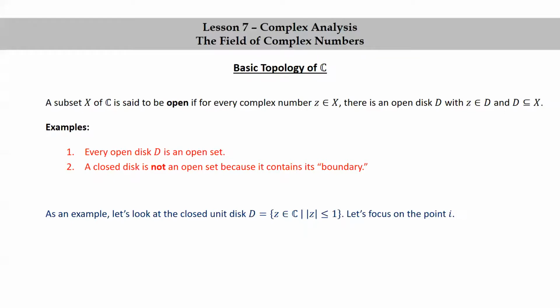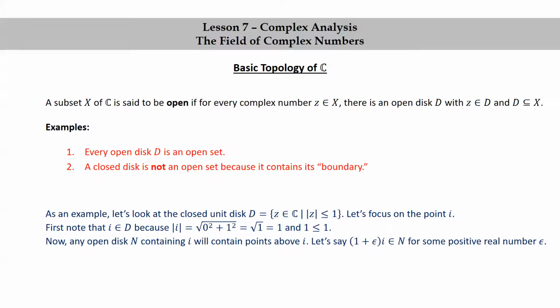Let's focus on the point I. First note that I is in D because the absolute value of I is equal to the square root of 0 squared plus 1 squared, which is the square root of 1 or 1, and 1 is less than or equal to 1. Now, any open disk N containing I will contain points above I. Let's say (1 plus epsilon) times I is in N for some positive real number epsilon.